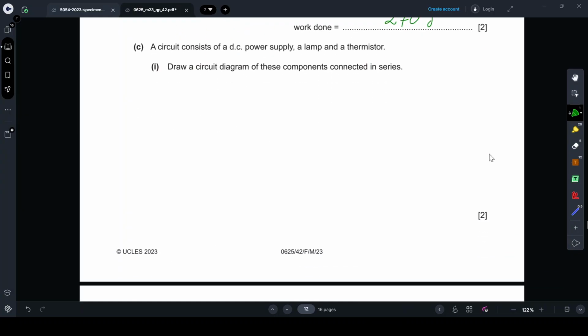Okay, a circuit consists of a DC power supply, a lamp, and a thermistor. Draw a circuit of these components connected in series. So a DC power supply, a lamp. The lamp is an X in a circle.